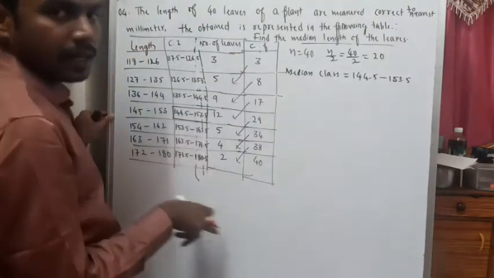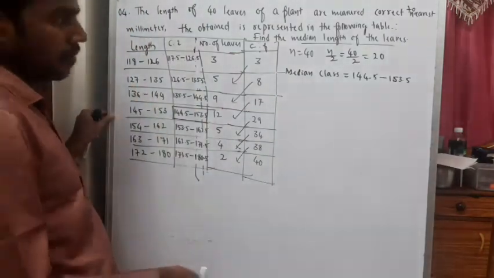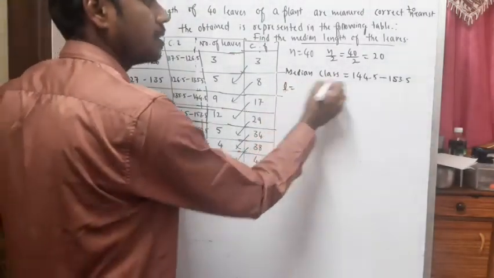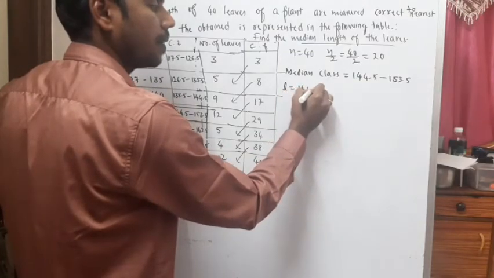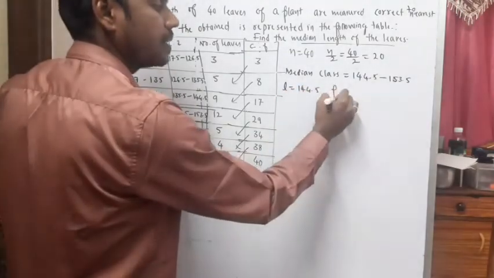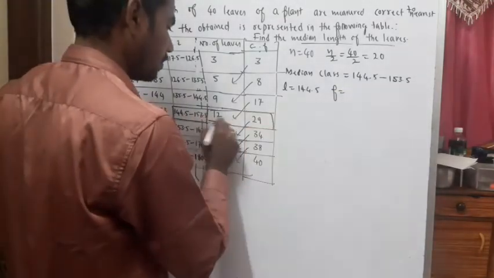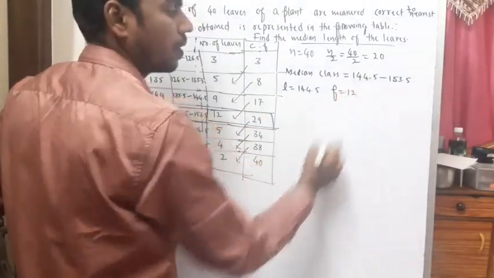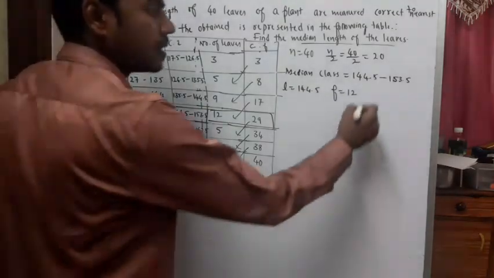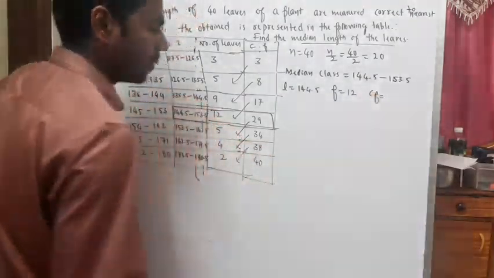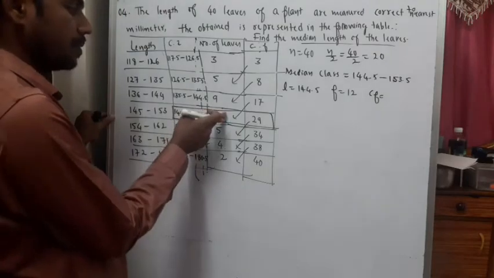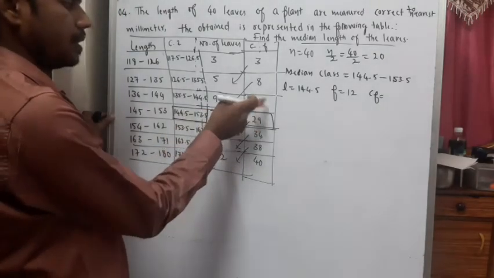So we need to collect the data corresponding to that particular class interval. What is L? L is equal to 144.5. Then what is F? F is equal to 12, the frequency of the median class. The CF, the cumulative frequency of the preceding class, is 17.